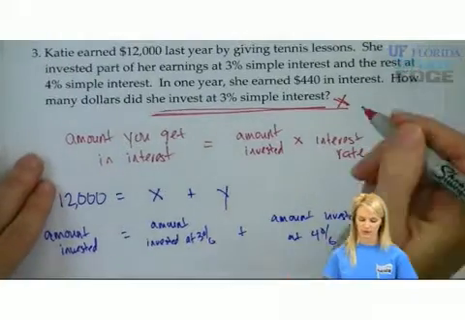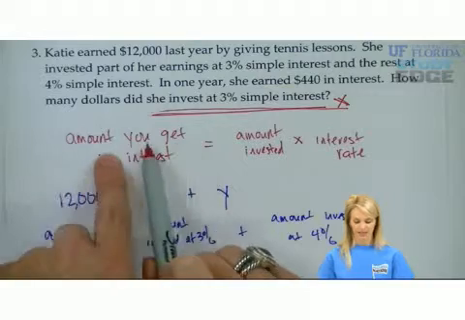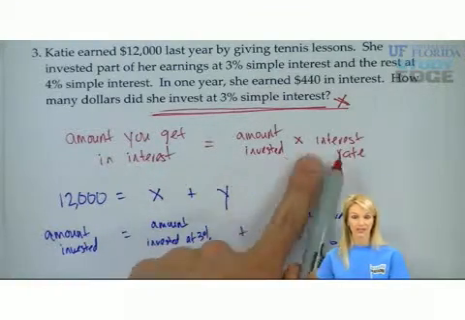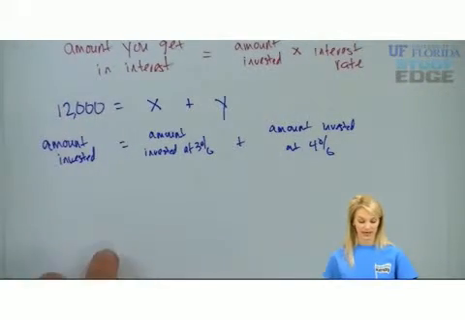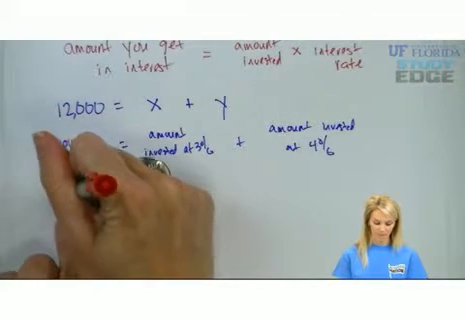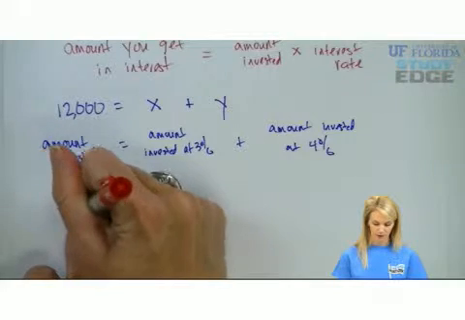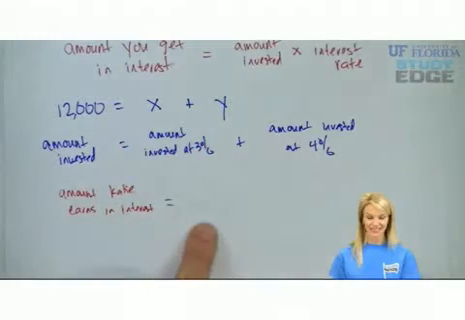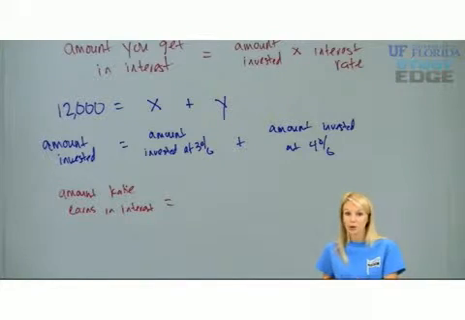Let's use the information that we're given. Well, remember we said in the beginning, the way that interest works is the amount that you get in interest is equal to how much you invest times your interest rate. So for Katie, what is she going to get in interest? The amount Katie earns in interest is equal to what? Well, she's earning interest off of the 3%, and she's also earning interest off of the 4%.